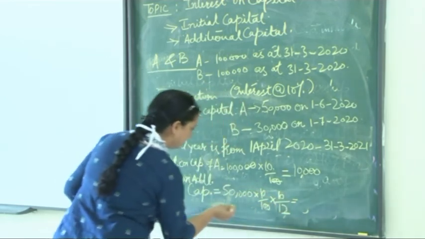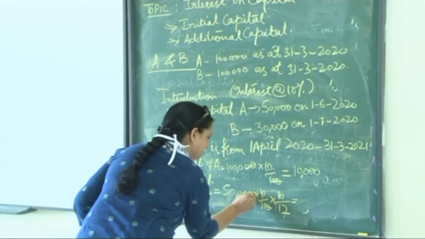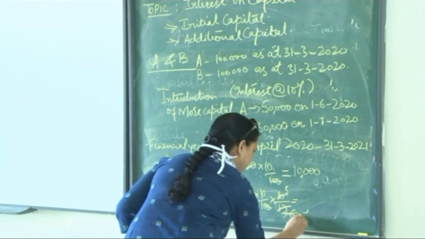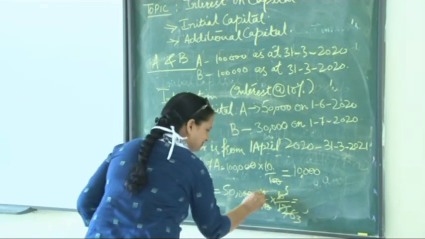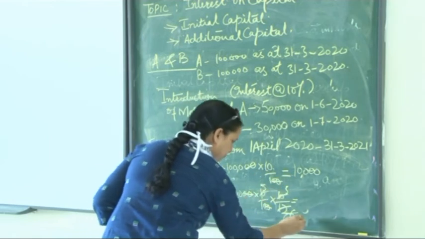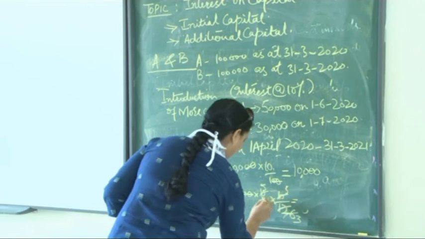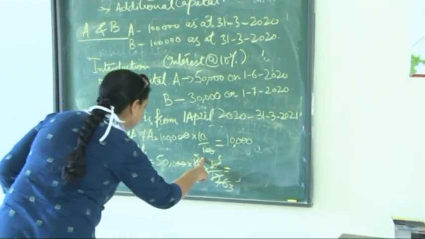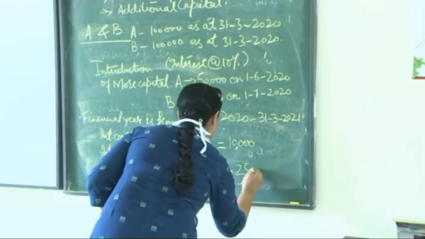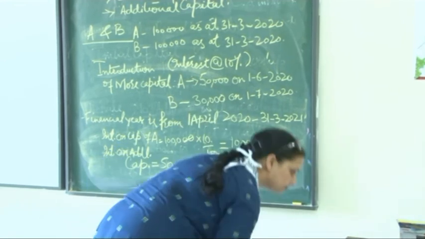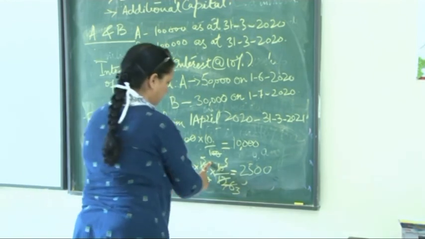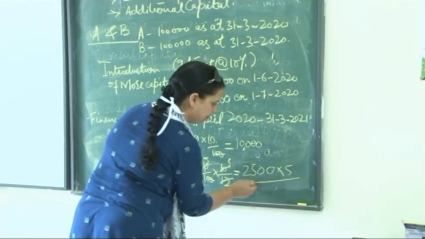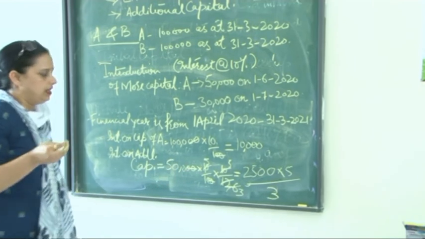So our interest on capital will be multiplied by 5 and divided by 3.